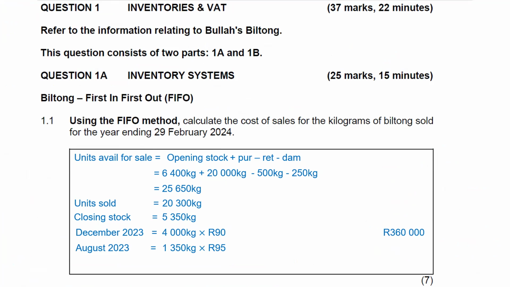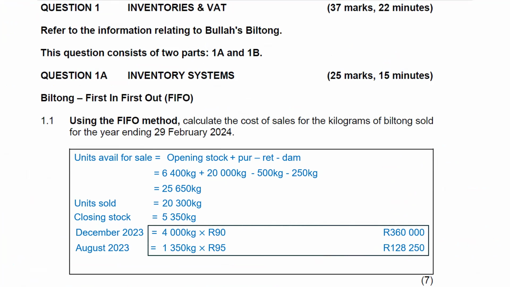So to find the cost price of that, you will multiply 1,350 with 95, and that will give you 128,250. Now, adding this will give us the cost of our closing stock, which will be 488,250. This is a long process, I must say.